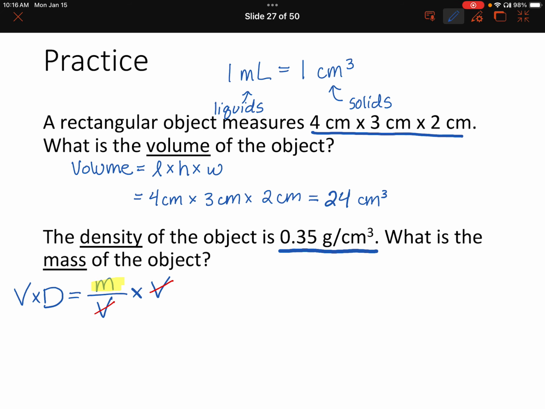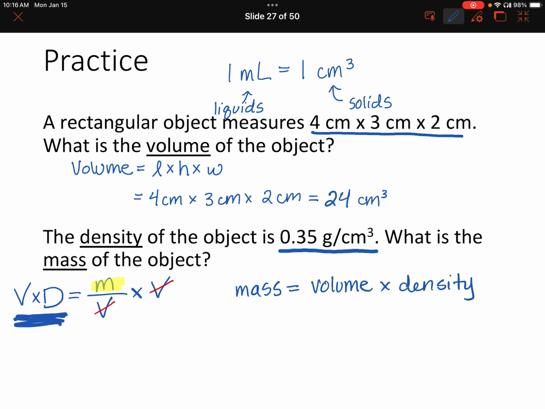So now we have that mass is equal to volume times density. All right, so we had volume times density is equal to our mass.